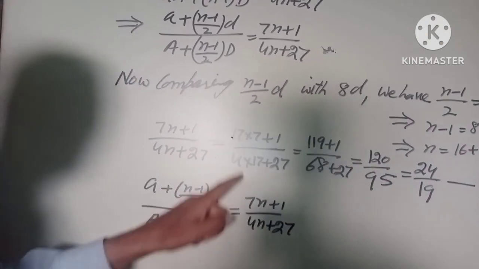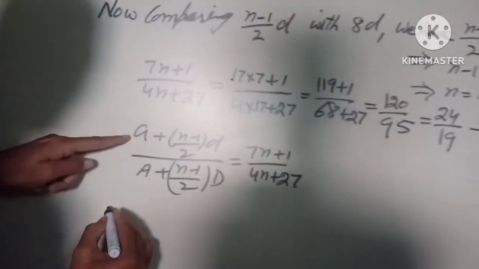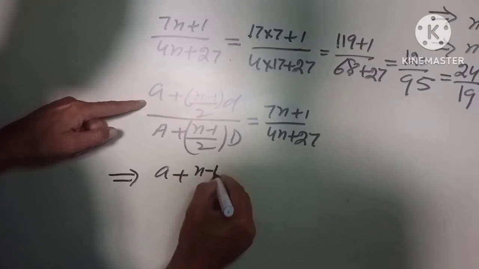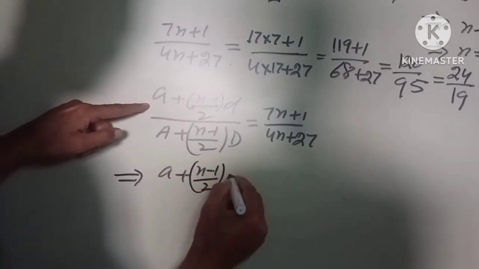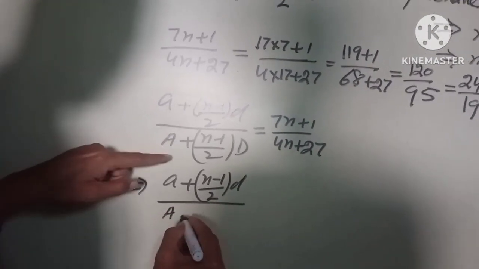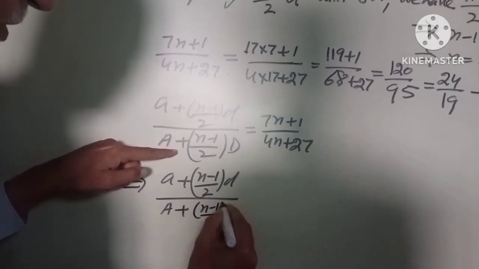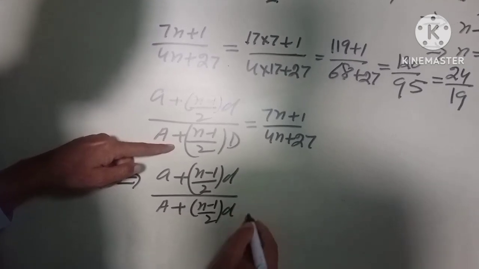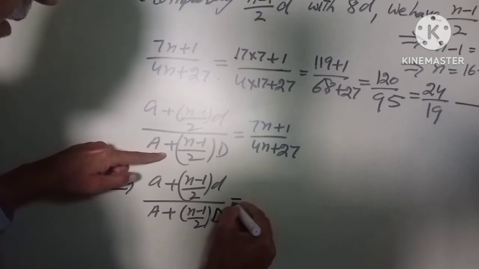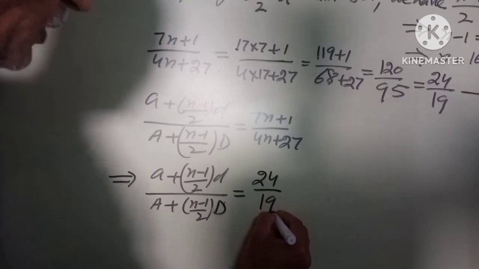But we have already calculated this is equal to 24 upon 19.